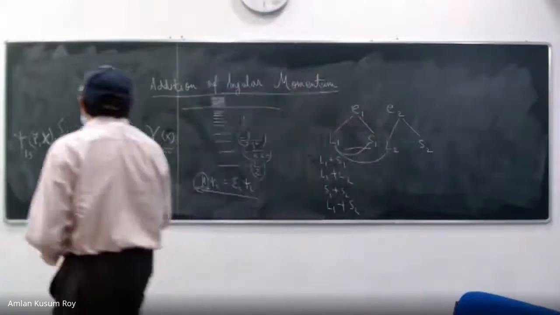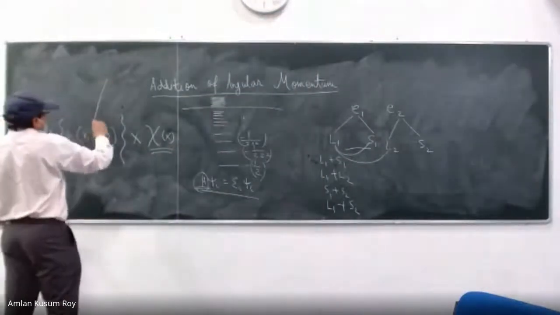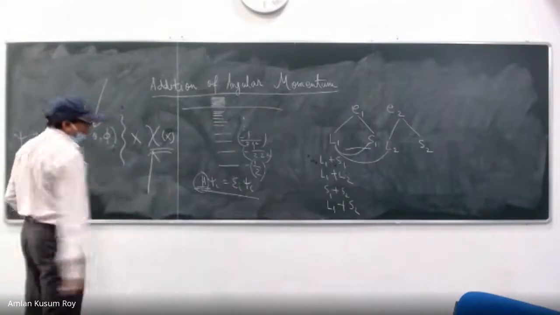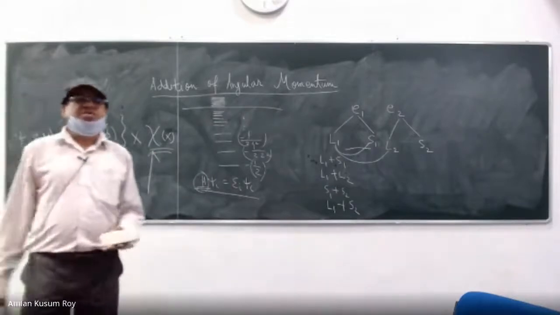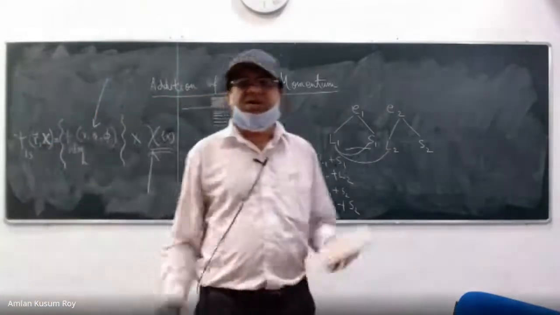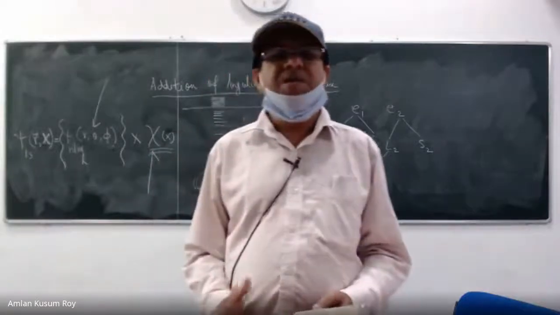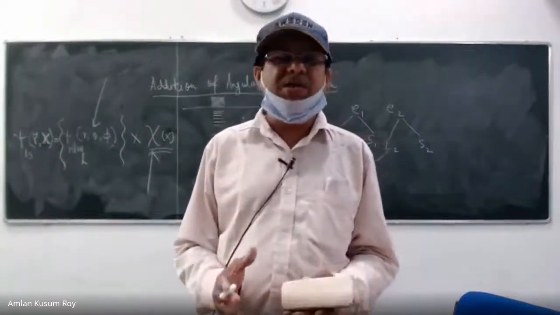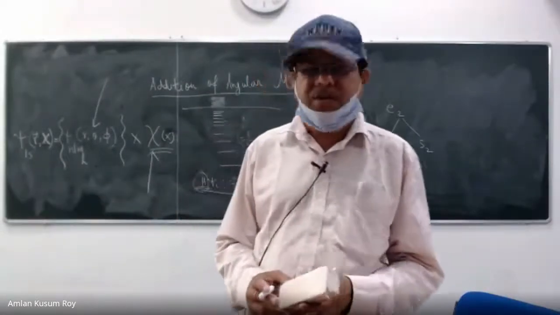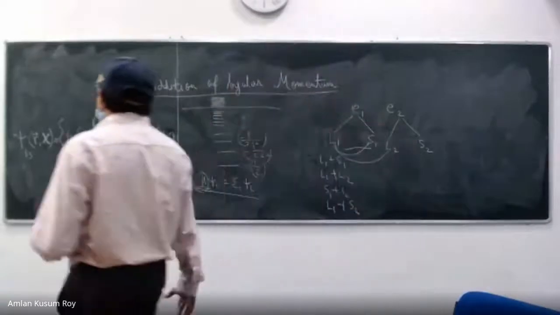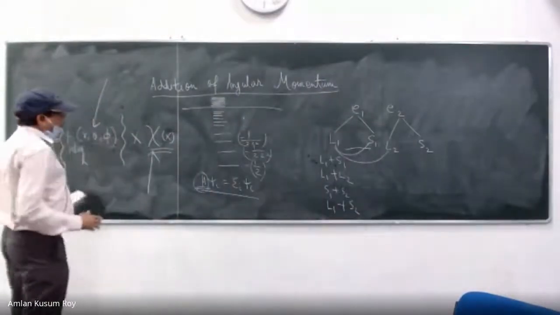That means there is a space function and a spin function. The product of the space and spin function is a complete definition of an orbital, but as you can see, it is a single particle function because it is for one electron. So what happens to this orbital?